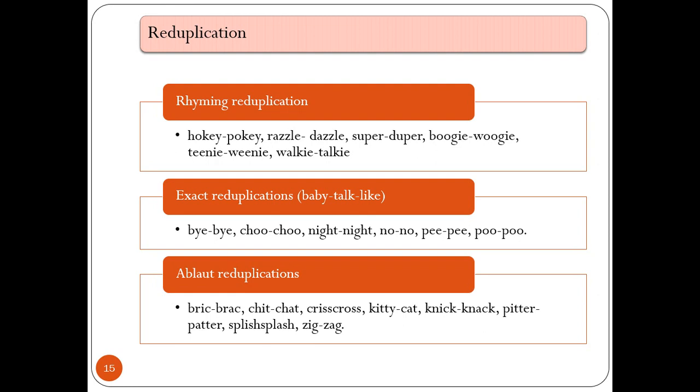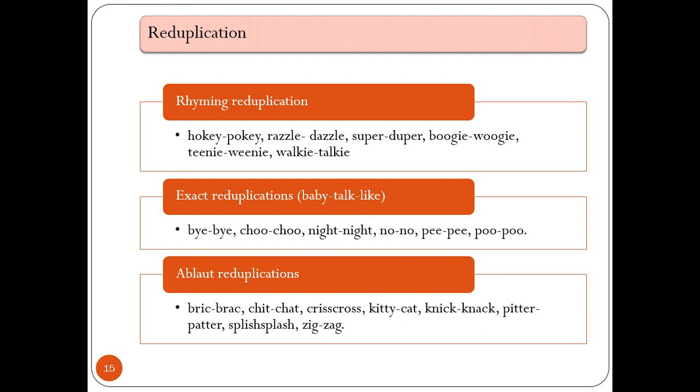Like for example, bye bye, choo choo, night night, no no, pee pee, poo poo, and ablaut reduplication, which is partial. And we have vowel change at work. Earlier we discussed vowel modification and partial vowel modification, so that was ablaut there too.